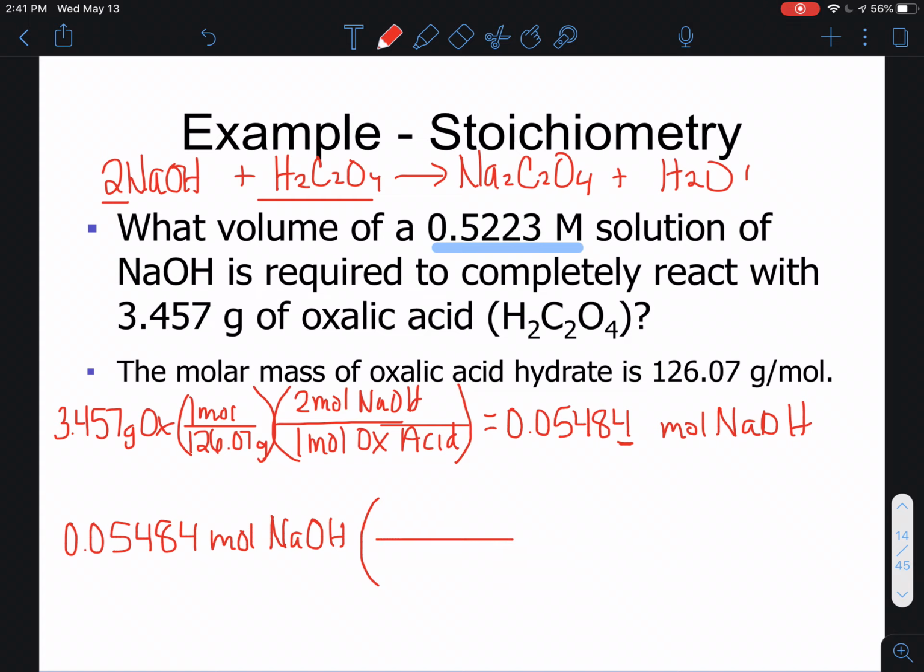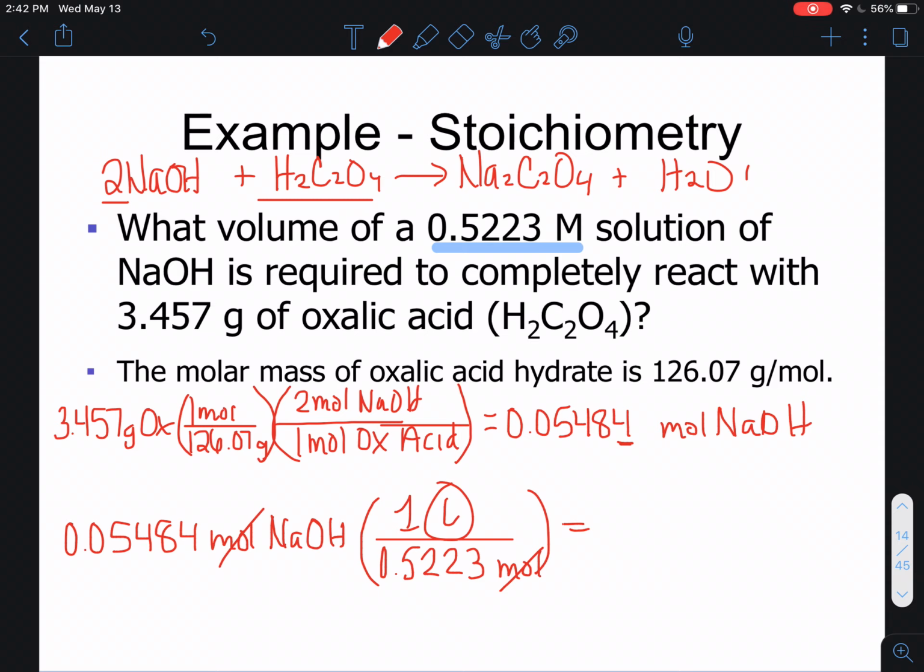Because remember, molarity is moles per liter, so it's 1 liter per 0.5223 mole. The moles cancel, leaving the answer in liters, which gives us the volume needed to neutralize this.